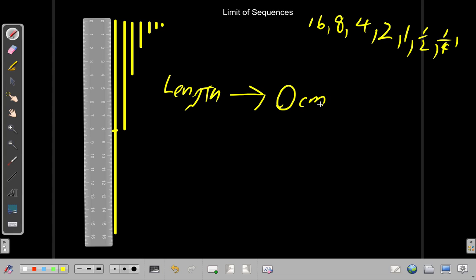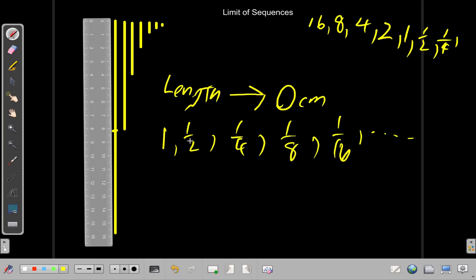Now, suppose we have a case like this: 1, half, quarter, 1/8, 1/16, and so on and so forth. You can say that U1 is 1, U2 is half, U3 is a quarter, and so on.